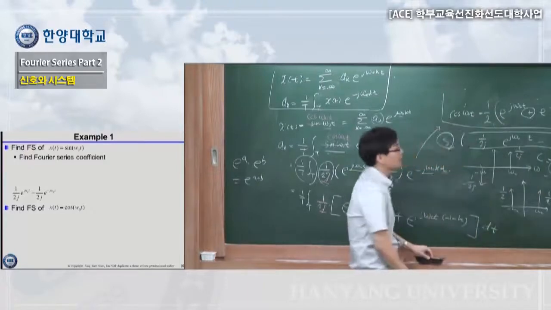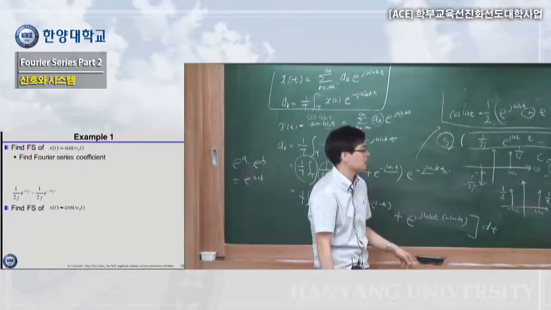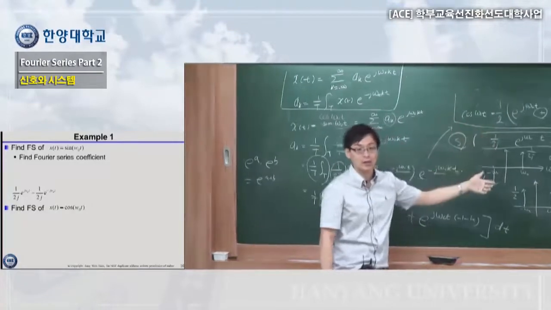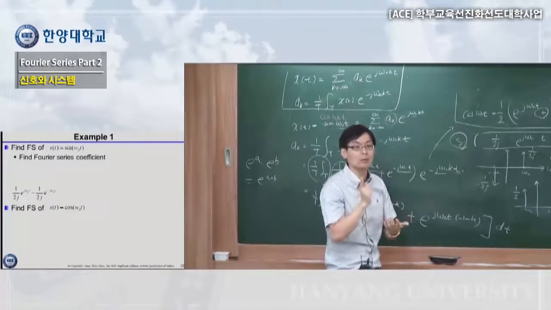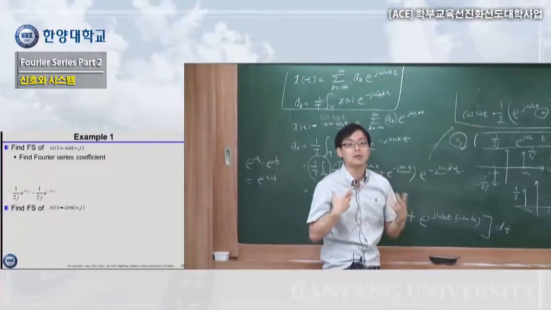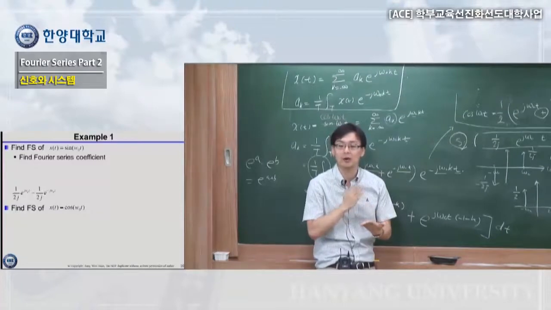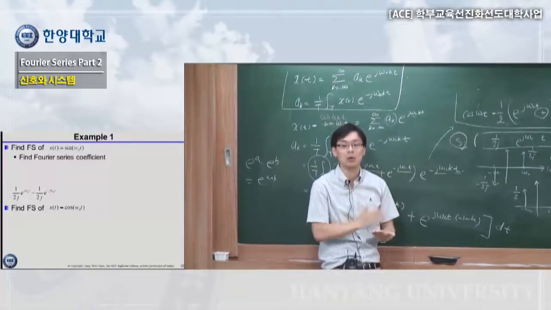I skipped the explanation because we use this to find the Fourier transform. Remember in the beginning of this chapter, we described that the Fourier series is useful only for periodic signals, and it still remains in the time domain.